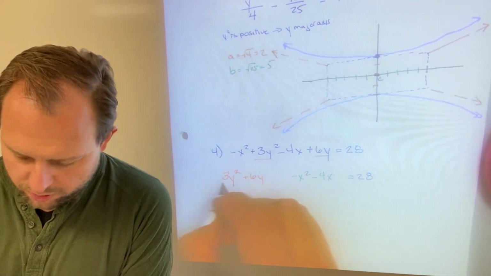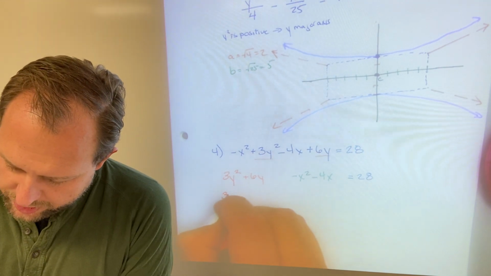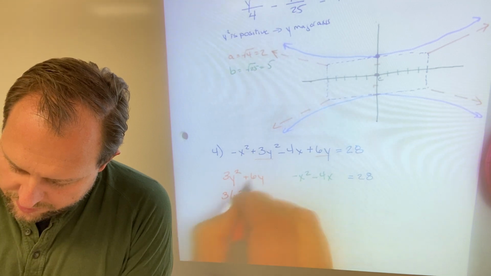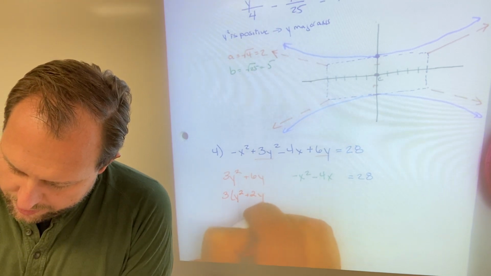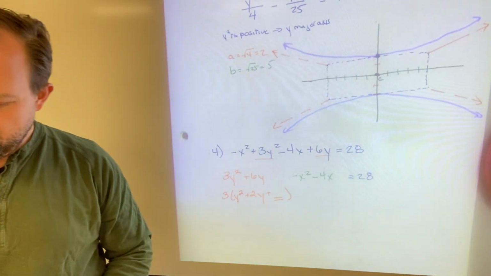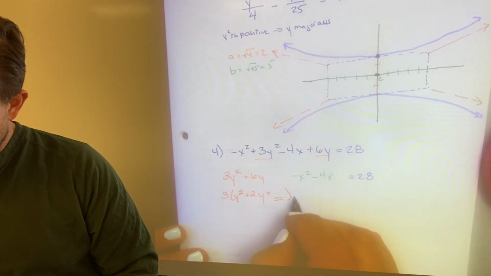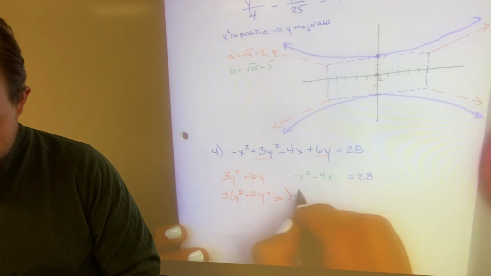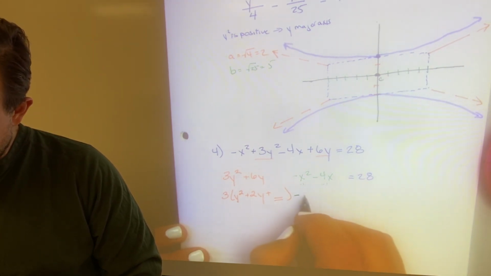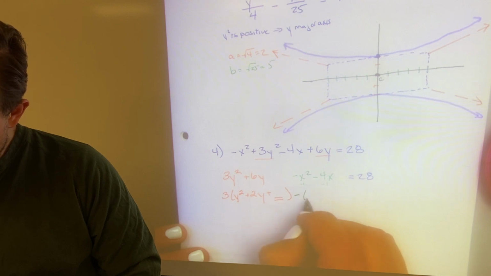Again, we have to take a 3 out of here, because we need that y squared by itself. Y squared plus 6 divided by 3 is 2y plus some 1. And then we have to factor out the negative off of each of these terms so that we have on the inside a positive x squared.